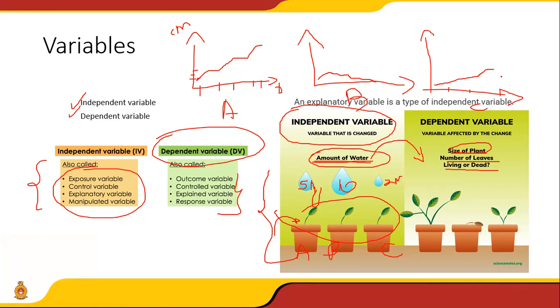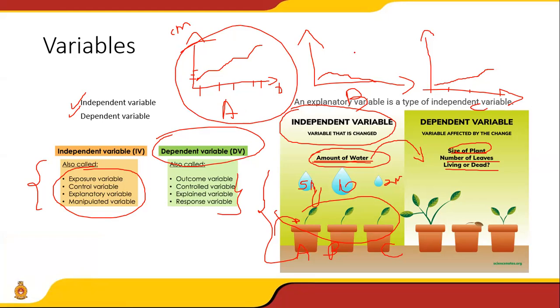At the end of the day, what is the final finding in this case? It is the optimal level for this plant: the optimal amount of water per day that we need to pour on a plant for the best growth.